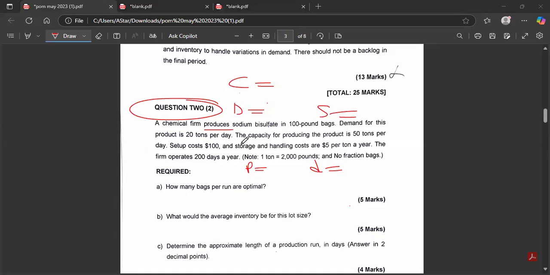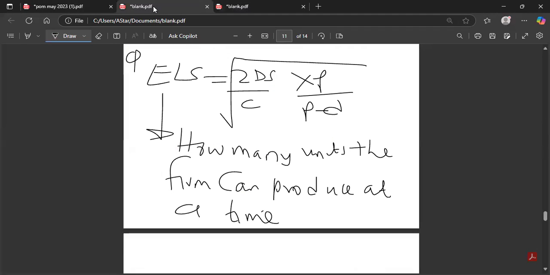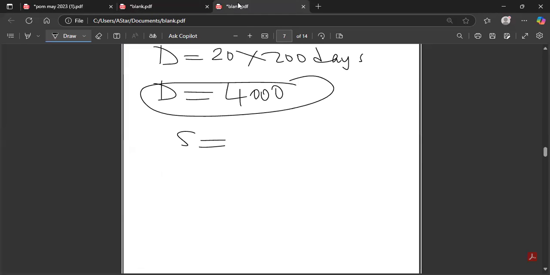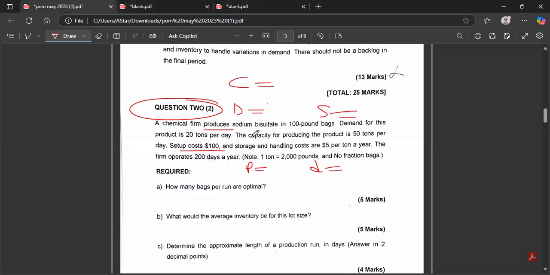Our S is how much? Our S is the setup cost, $100, right? What's our C? This is holding cost. And I'll ask you a question. What is holding cost?